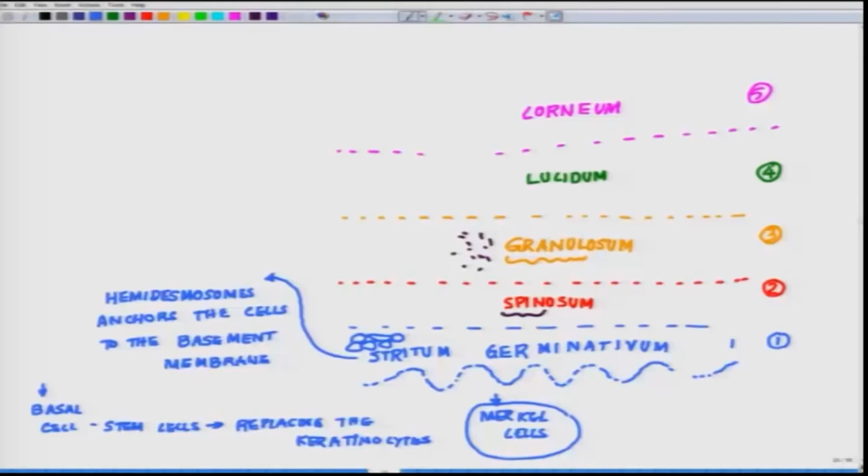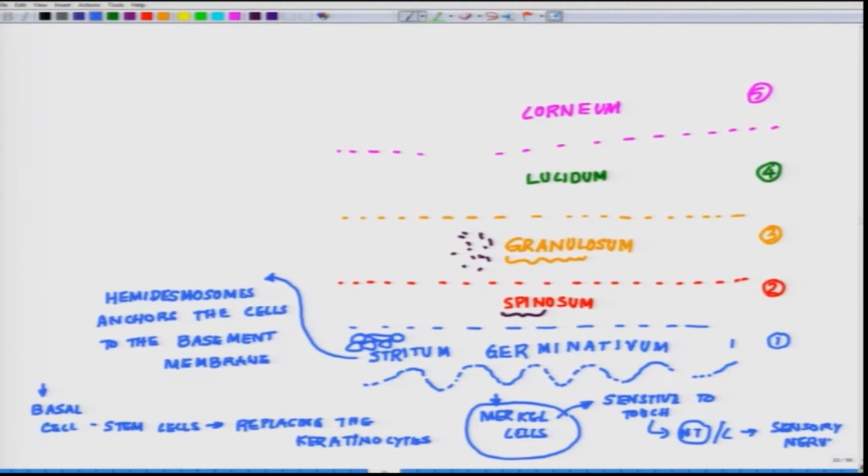These Merkel cells are specialized cells that are very sensitive to touch, and they secrete chemicals, or neurotransmitters, which stimulate the sensory nerves.